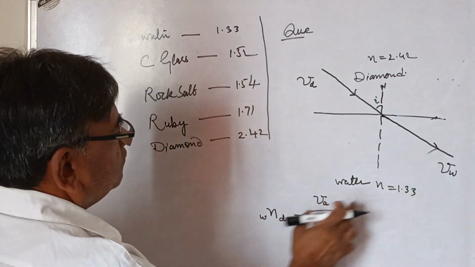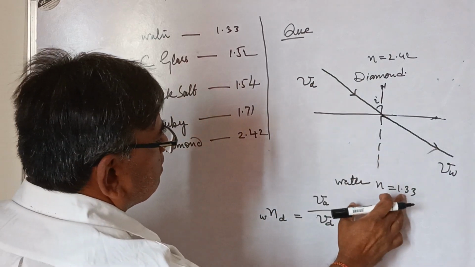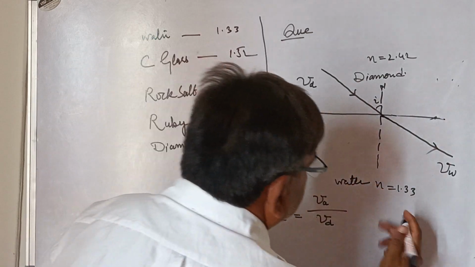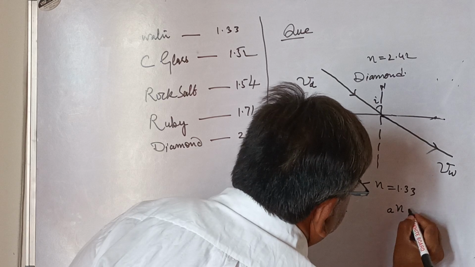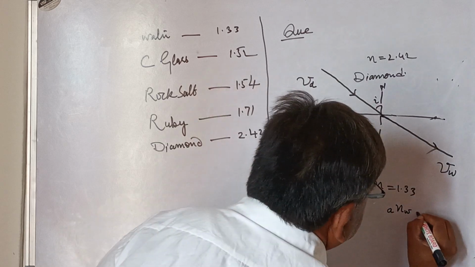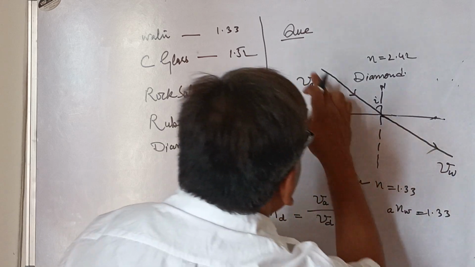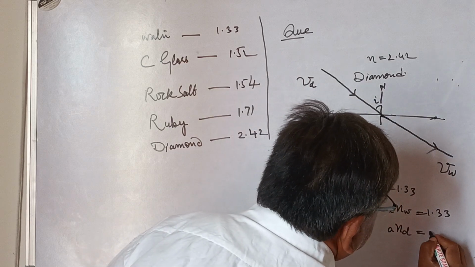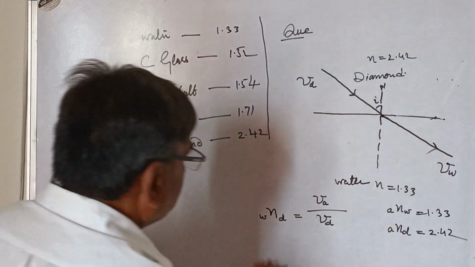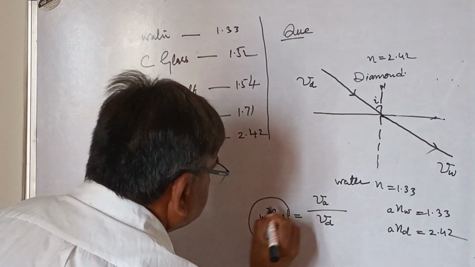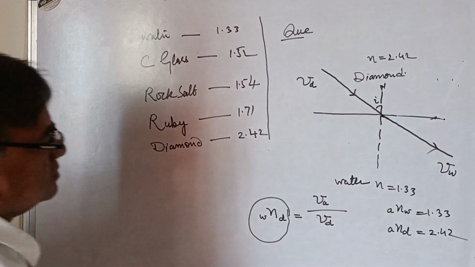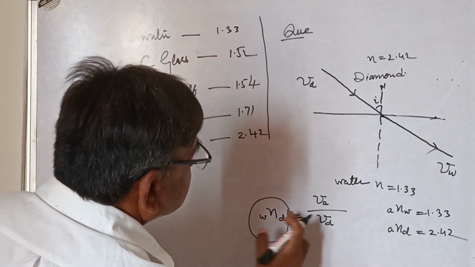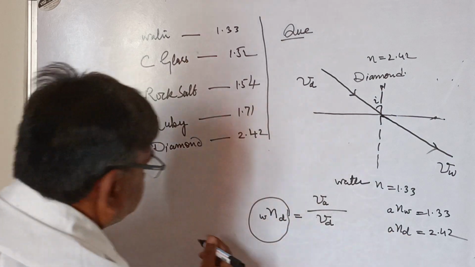How will you find out from these two values? These are given absolute values. The absolute refractive index of water, aN_W, is 1.33, and of diamond, aN_D, is 2.42. So how will you find v_W and v_D?